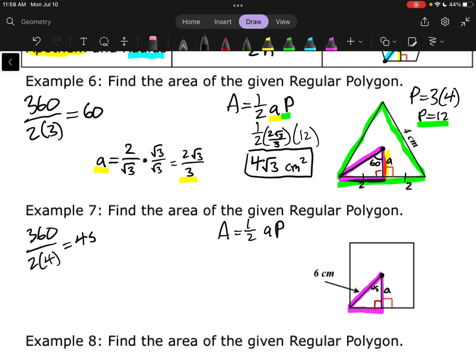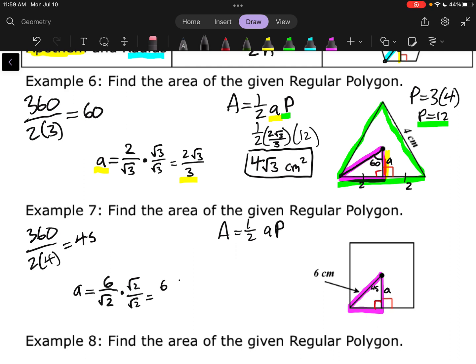So if I want to find the apothem, which is one of the legs of it, I would remember that the leg, which is the apothem, is equal to the hypotenuse divided by root 2, right? That was our 45, 45, 90 rule. Now we don't like having a root 2 on the bottom, so we do this.